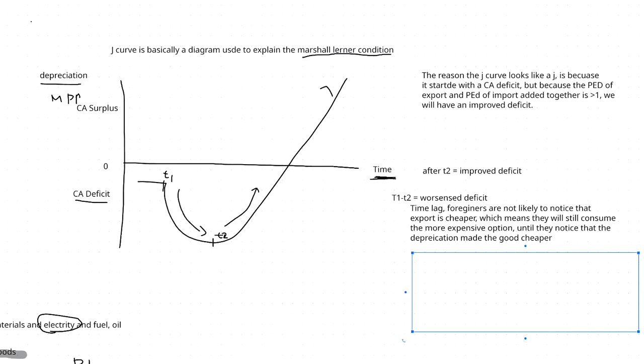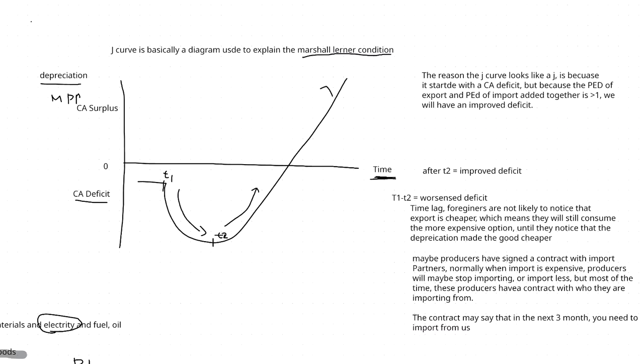Okay? So what this is going to do, right? Foreigners are not likely to notice export is cheaper. So export after depreciation between T1 and T2 will not increase by a lot. So again, we need to differentiate. This is the T1 to T2 period.